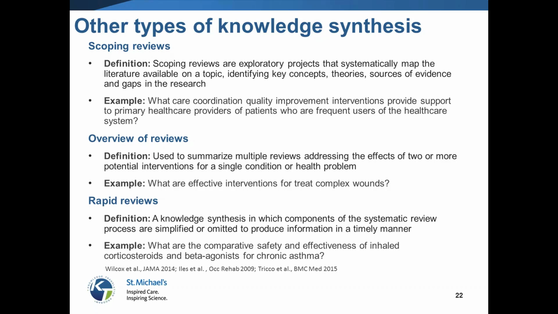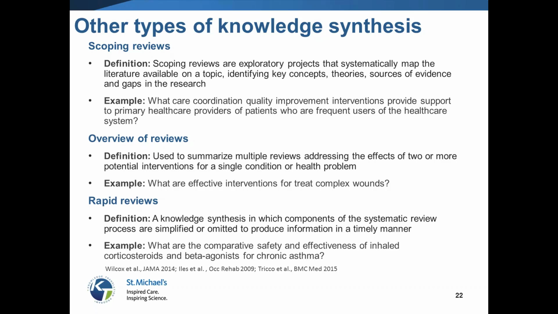Another type of review is a rapid review, and so this is when we use methodological shortcuts, or we simplify our process. So we actually have to tailor our methods according to what our knowledge users require, right? So one that we did was the comparative safety and effectiveness of inhaled corticosteroids and beta agonists for chronic asthma.